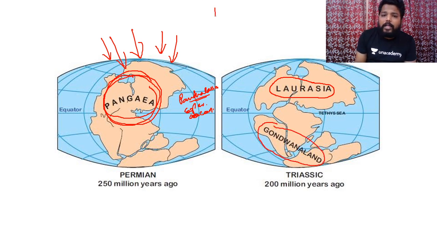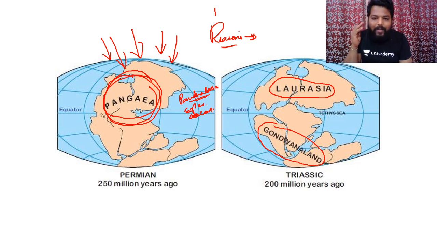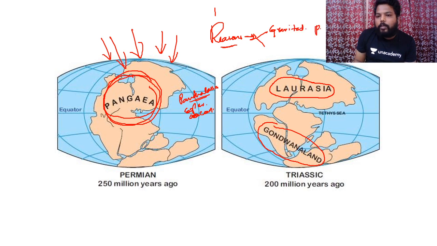And what were the reasons given by Alfred Wegener? These are somewhat interesting in nature. These were the false reasons which Alfred Wegener himself could not even believe in a logical way. If you see the reasons given by Alfred Wegener, one was the gravitational pull of the sun and moon.